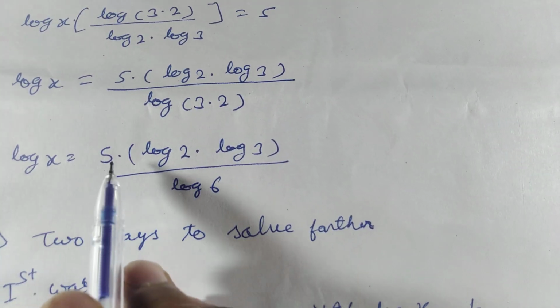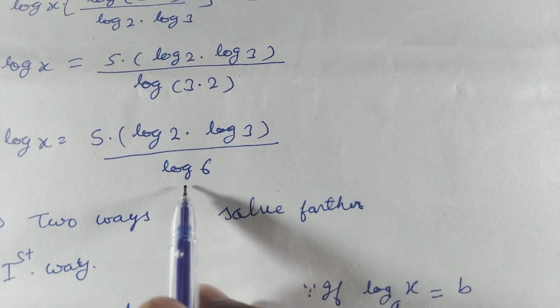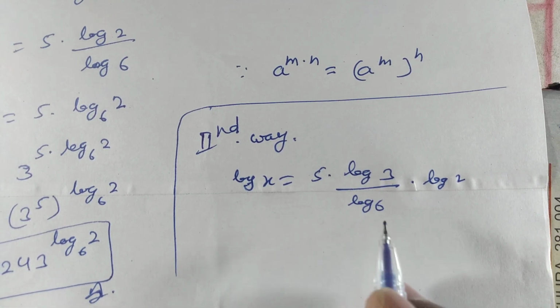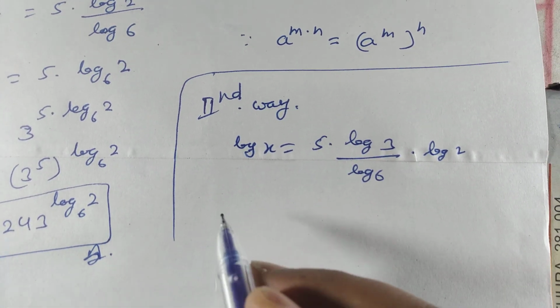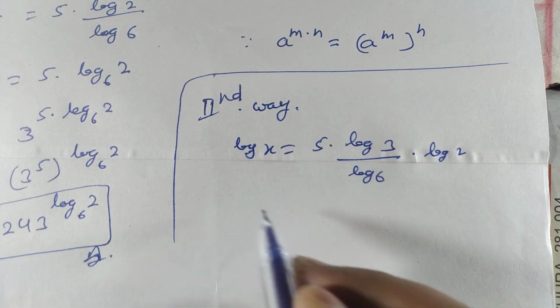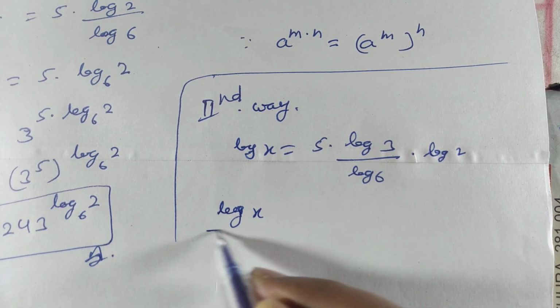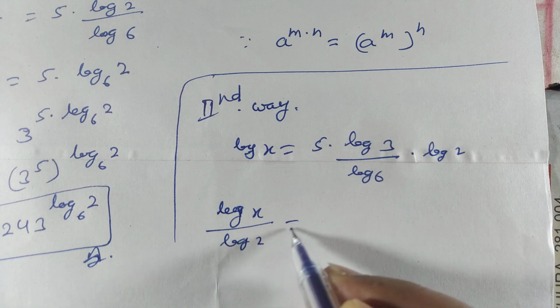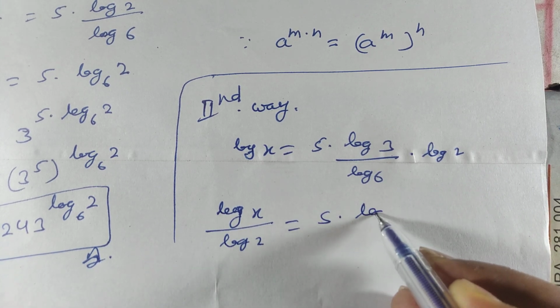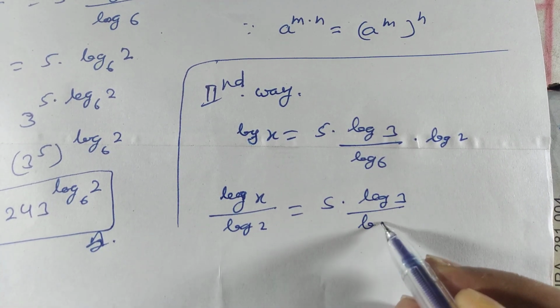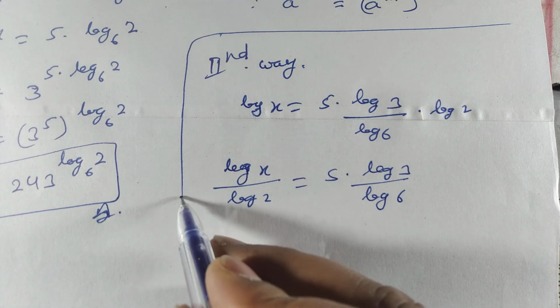This log x is equal to 5 times log of 2 into log 3 over 6. Writing in this form, and this part moves to the left side: log x over log 2 is equal to 5 times log of 3 over log of 6.